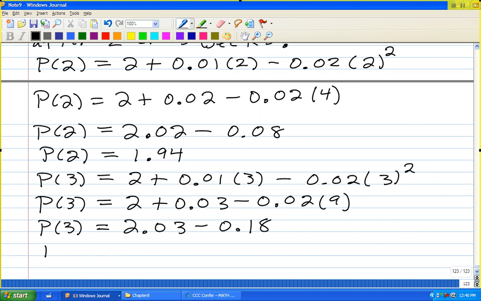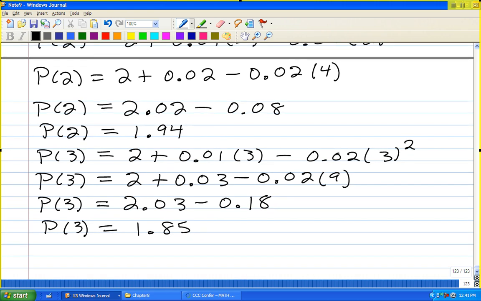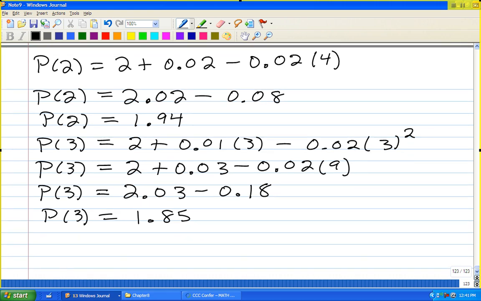So he has to sell it for 18 cents less, which is $1.85. And so after 2 weeks, he can sell it for $1.94, but after 3 weeks, he can only sell it for $1.85. So he should sell after 2 weeks.